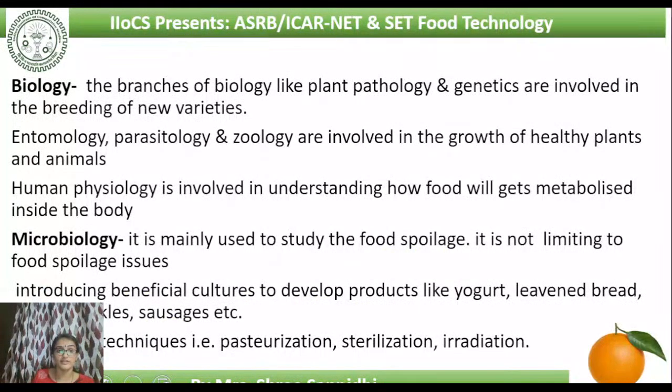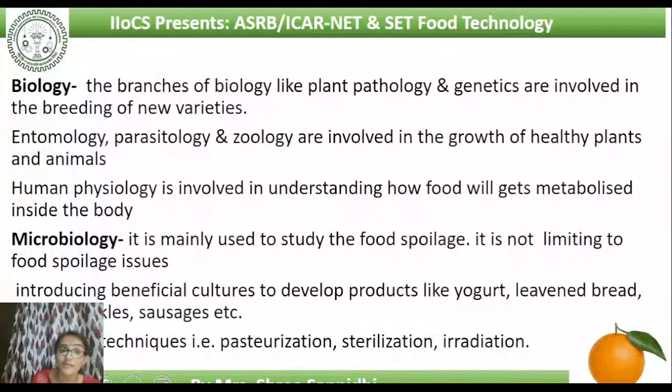Next one is biology. The branches of biology like plant pathology and genetics are involved in the breeding of new varieties of plants. Plant pathology mainly deals with the diseases usually seen in crops. If we have the knowledge of how to avoid these diseases, and also the knowledge of genetics, I told you about genetic engineering there, we can breed our own new varieties of plants.